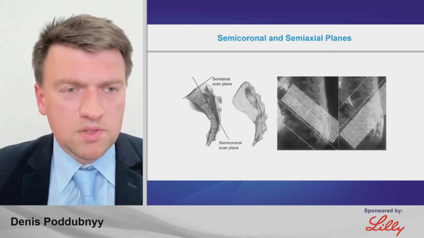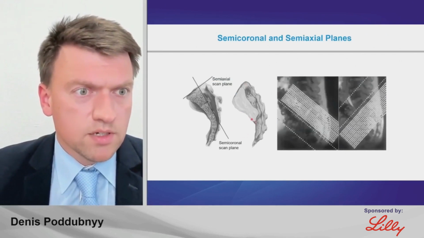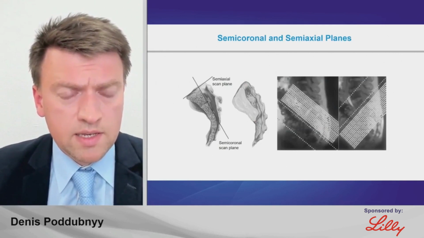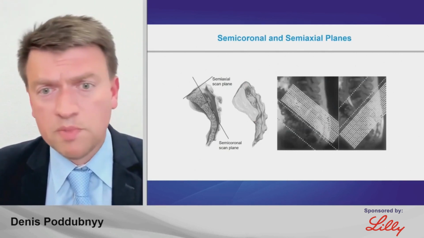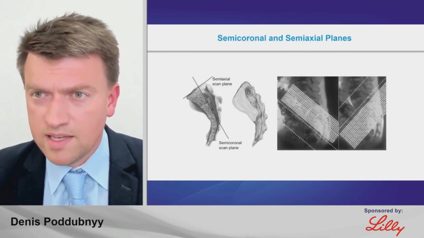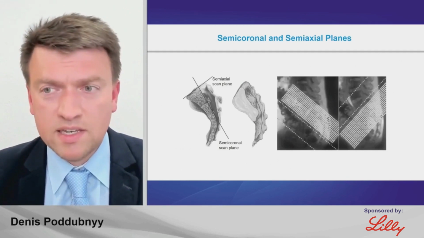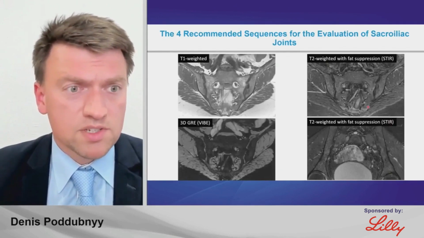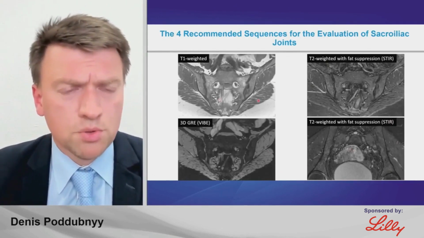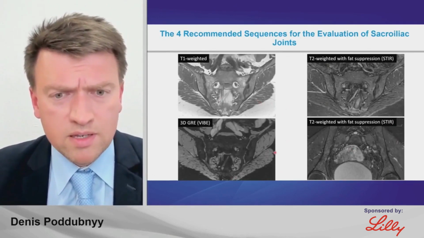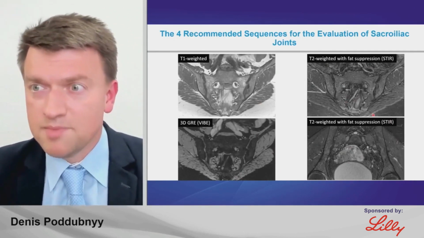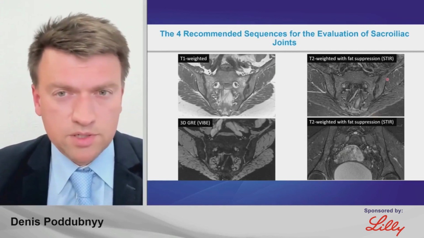So here you see the configuration of the sacroiliac joints and those planes or orientations. This is a semi-coronal plane, and this is a semi-axial plane. Here you see examples of those images, and here you can be sure that with those images you can capture the entire spectrum of active inflammatory and structural changes.